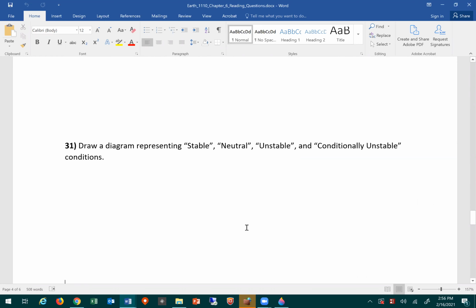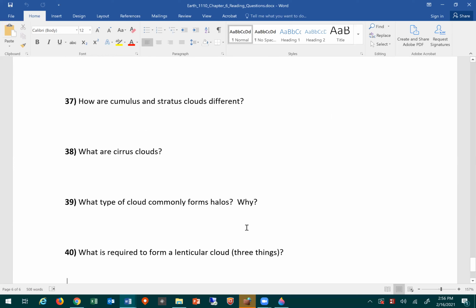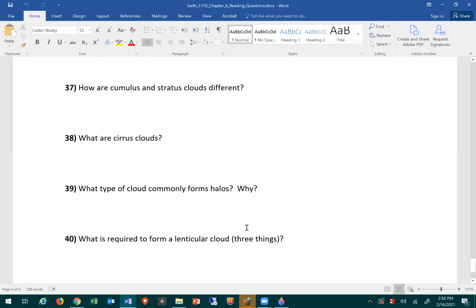So if you have not done this unit prior to taking the test, that is okay. Although we do have some stuff about cumulus clouds and halos. Look at what kind of cloud forms halos, and the answer is cirrostratus. But you can kind of take a look at that. But you don't have to have done all of chapter 6 prior to the test.